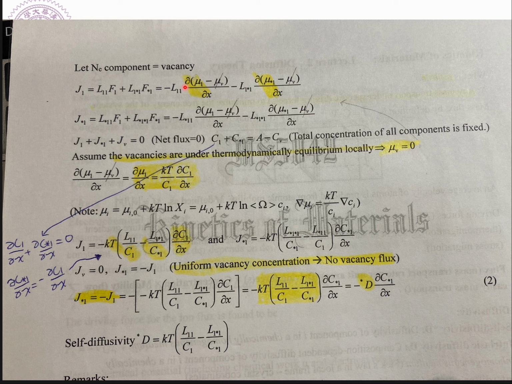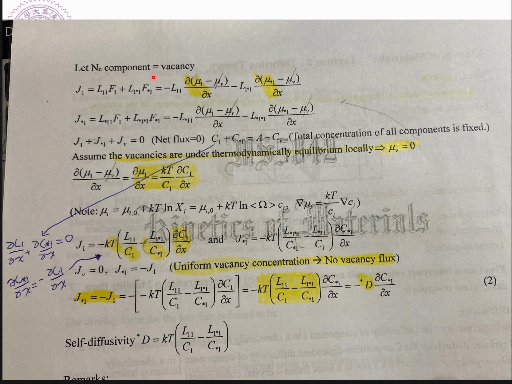We assume that, so we can delete this mu V term, and use the Einstein relationship: chemical potential gradient equals kT divided by concentration times the concentration gradient. And with mu V equals 0, we can get this relationship. This relationship is very important because it helps us substitute these terms by the concentration part.